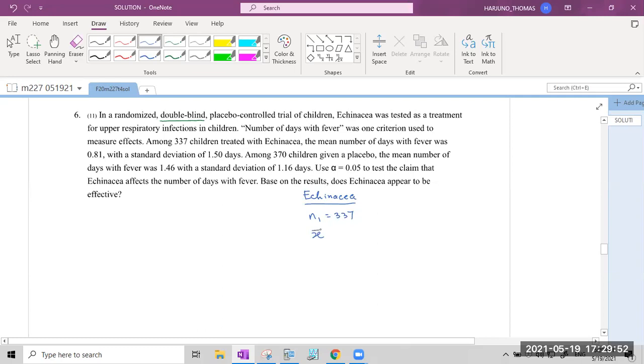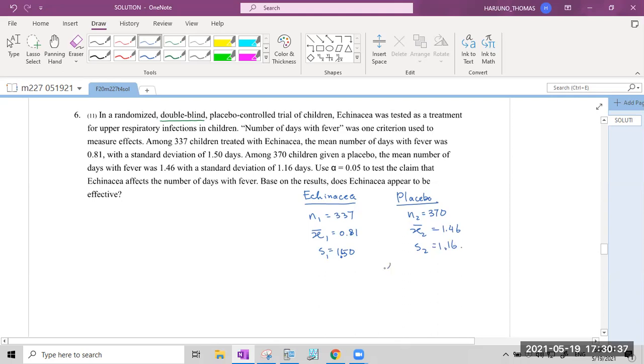The mean number of days with fever was 0.81, with standard deviation 1.50 days. Now of those children with placebo, 370 of them, the mean number of days with fever is 1.46 days with standard deviation 1.16.